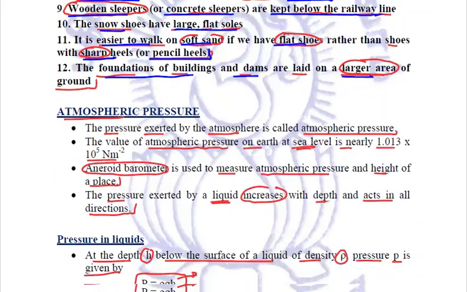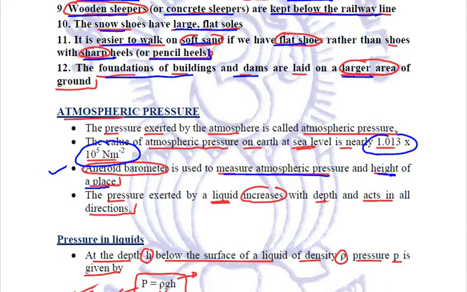Next, we talked about atmospheric pressure and its value is 1.013 into 10 to the power 5 Newton per meter square. Important thing, in order to measure atmospheric pressure and the height of a place, aneroid barometers are used. Next again important point, the pressure exerted by liquid increases with depth and it acts in all the directions.